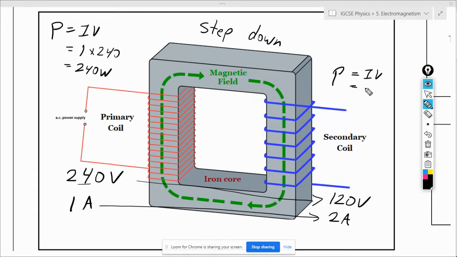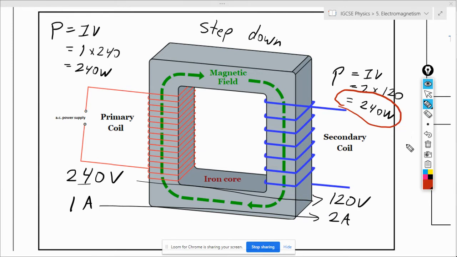I, in this case, is 2 amps, and V is 120. Again, 240 watts. So basically, the power for what's called an ideal transformer will always be, sorry, I said volts, I meant to say watts, 240 watts of power.